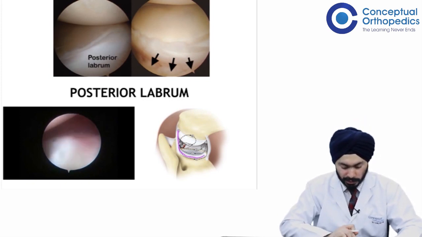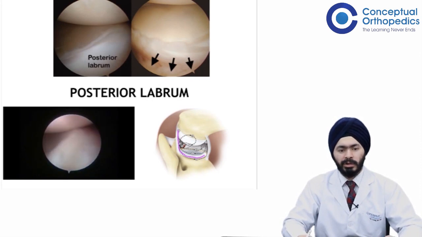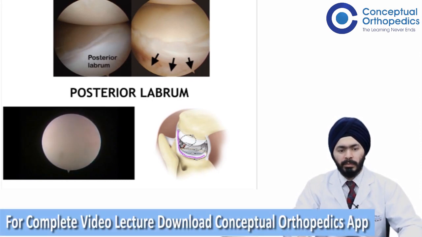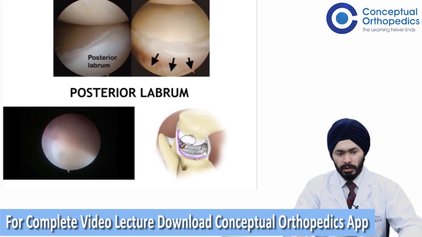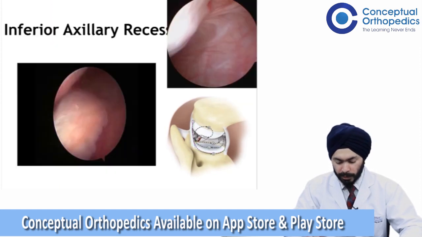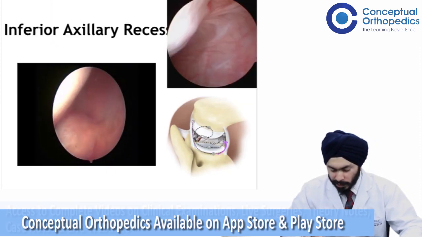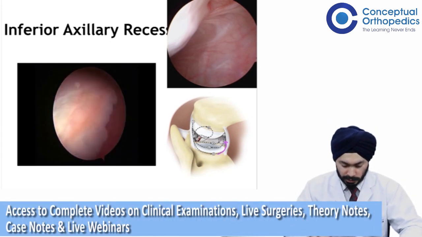As you can see in this video, the posterior labrum is visualized as a thickened structure along the posterior border of your glenoid. After your posterior labrum, you go down inferiorly and look at the axillary recess.